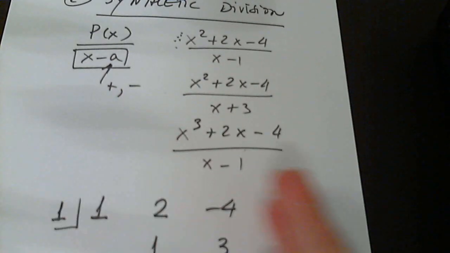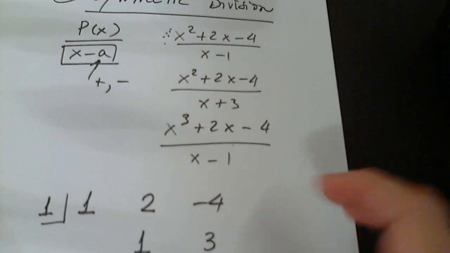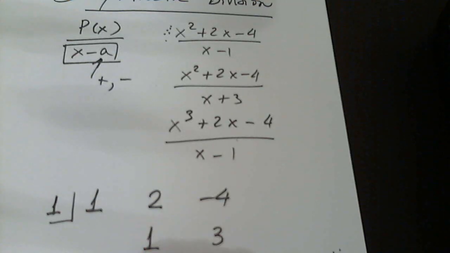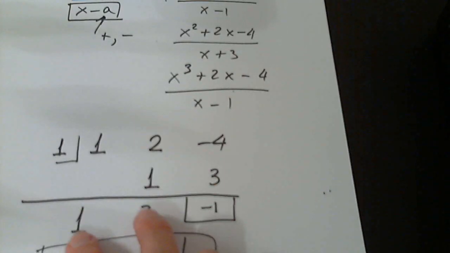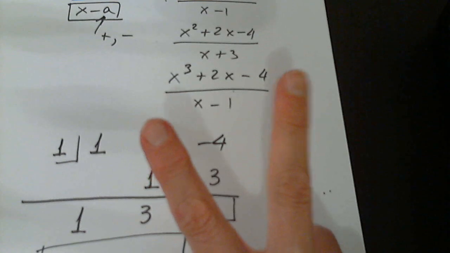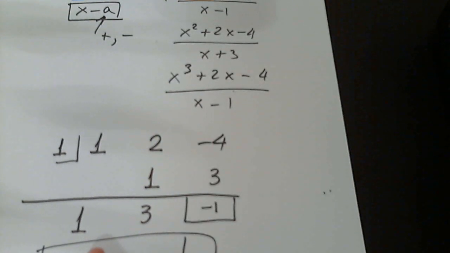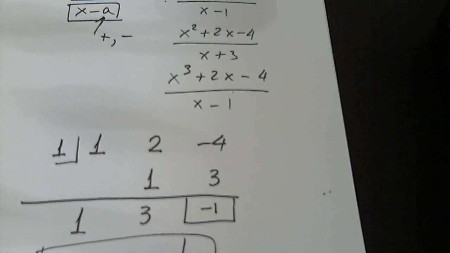And that will take care of the sign change all the way. So I copy 1, 1 times 1, perform the operations, 1 times 3, perform the operations, that's it. How do I know what this is? I divided degree 2 by degree 1, so I have to have degree 1. So this must be the coefficient of x, this must be the free term, the boxed in must be the remainder, and the divisor was x minus 1.